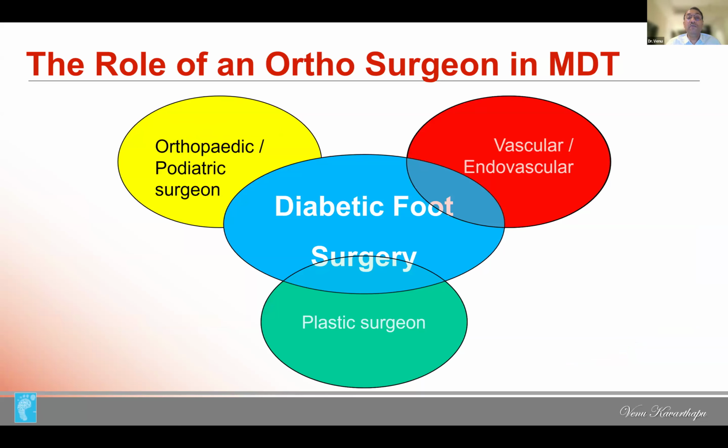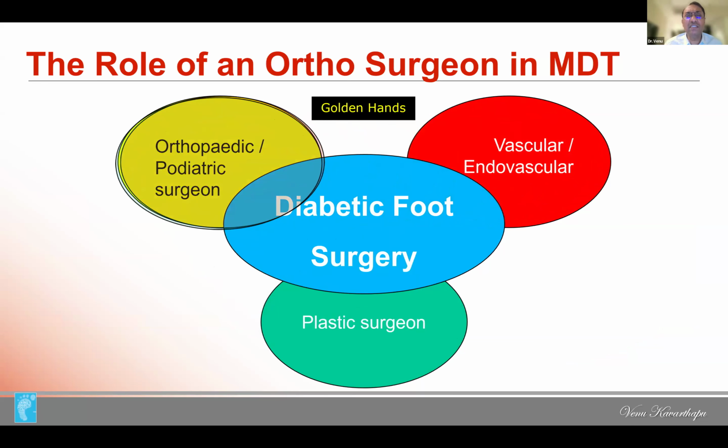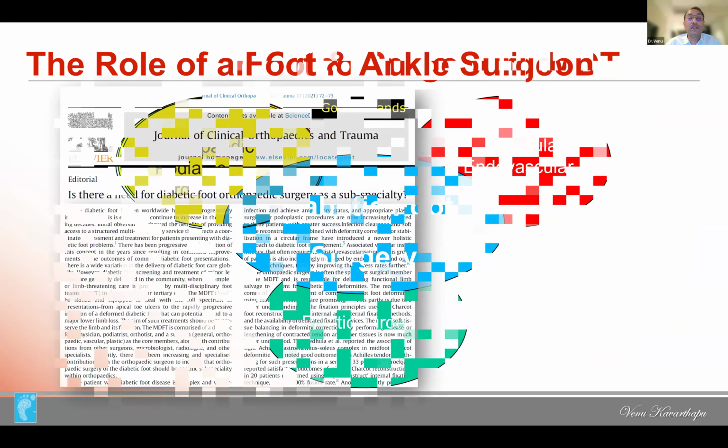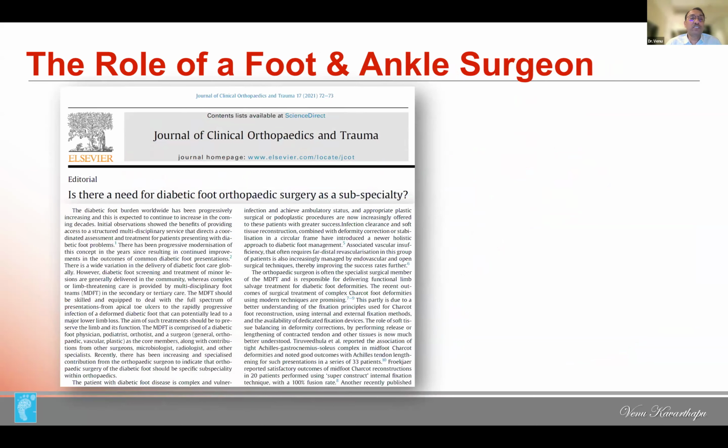So it is felt that an orthopedic surgeon, if has a component of vascular skills a bit, and plastic surgical skills as well, can perhaps make that foot and ankle orthopedic surgeon a full-fledged diabetic foot orthopedic reconstruction surgeon.